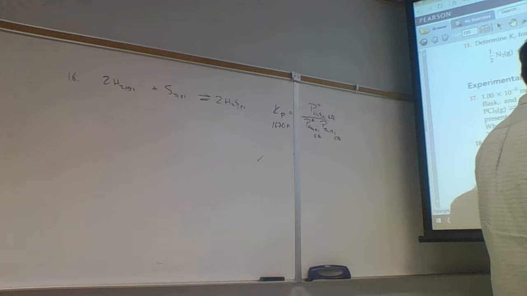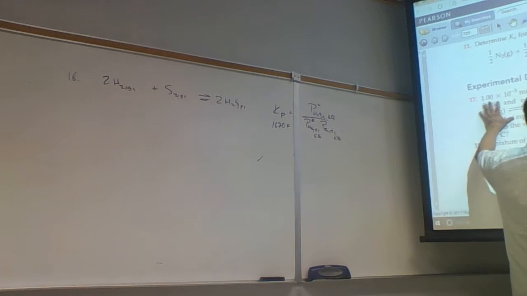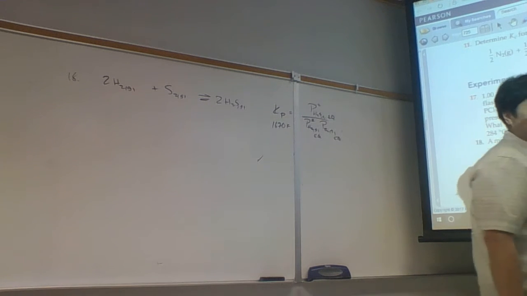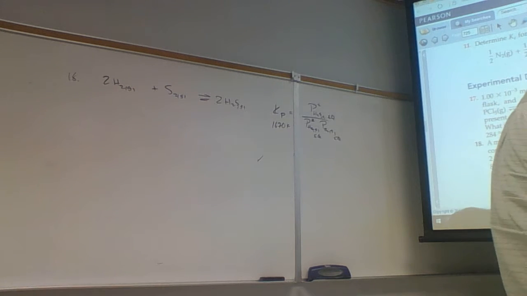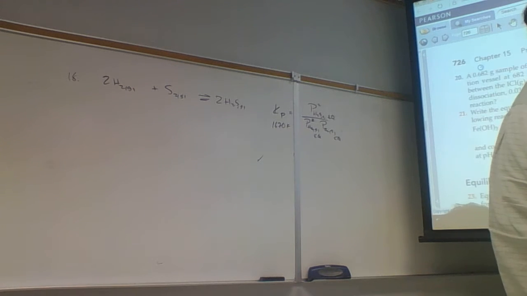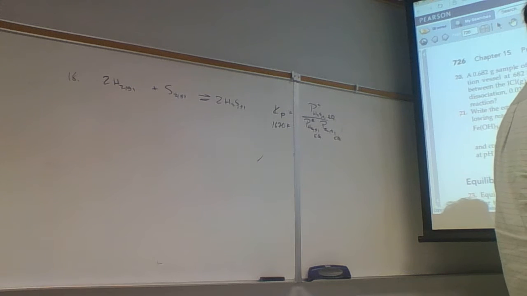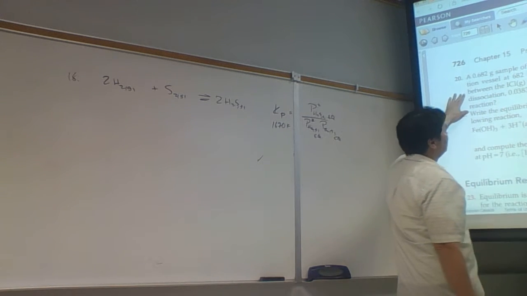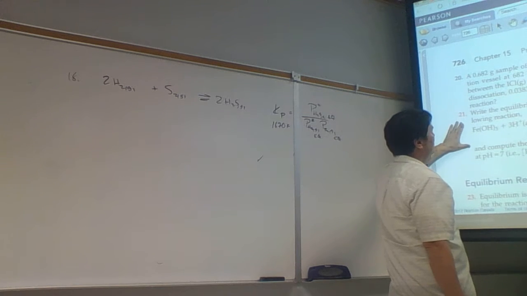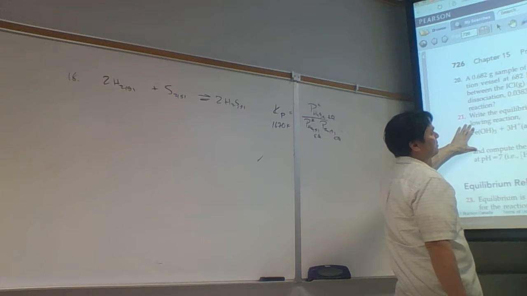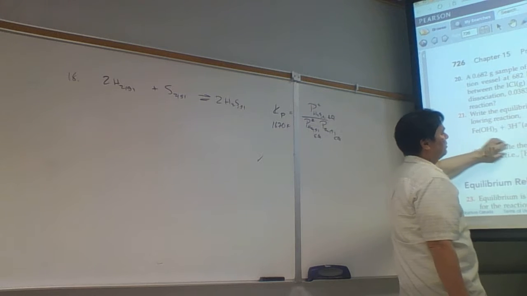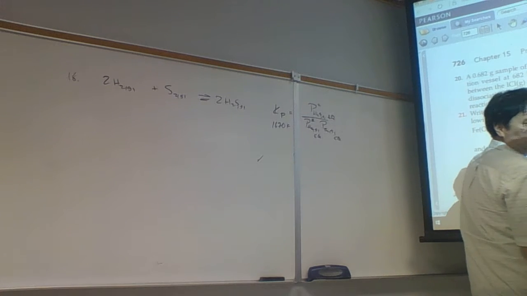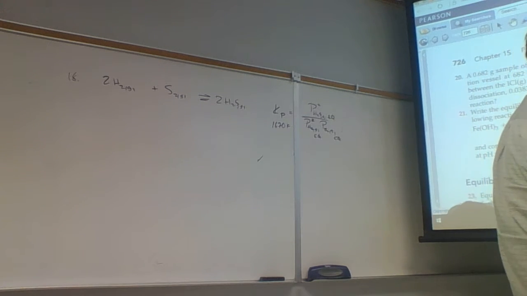All right, and so if you do 18, 17 and 19 are very similar to 18. You can see that by looking at them. Let's go on. 20, very similar. 21. 21 is different. 21 already has K. What homework section were we in?